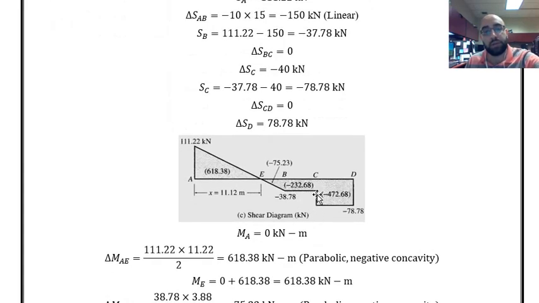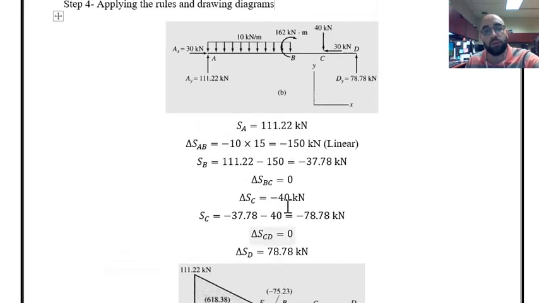This is what is happening over here. So the shear was constant and then a drop equal to minus 40. The amount of shear at C is minus 37.78. That's what we had in this region. And because of this, right after C, the shear is minus 78.78.